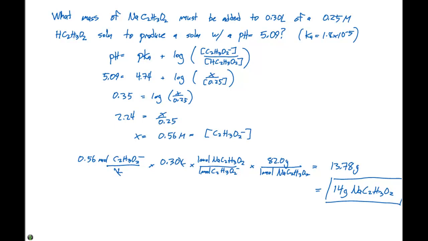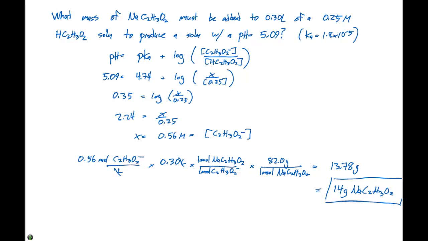Here we're given everything, and we can solve for the concentration of our base, which is our sodium acetate concentration. We do that, and we get 0.56 molar in this case.